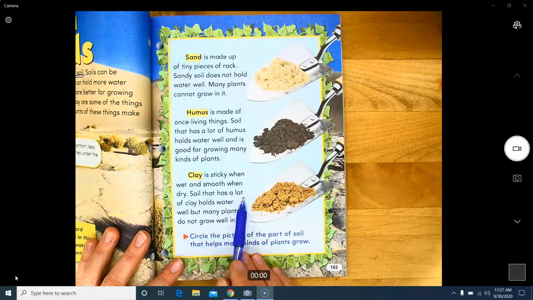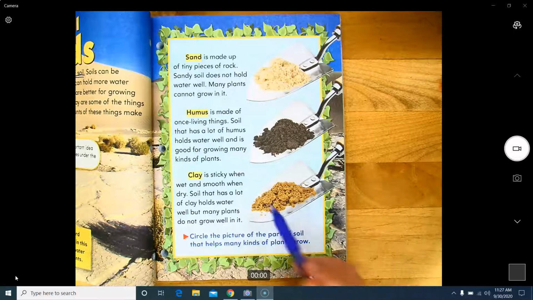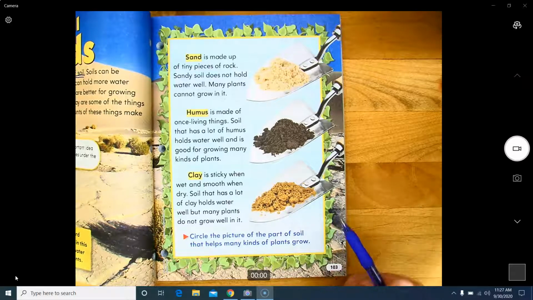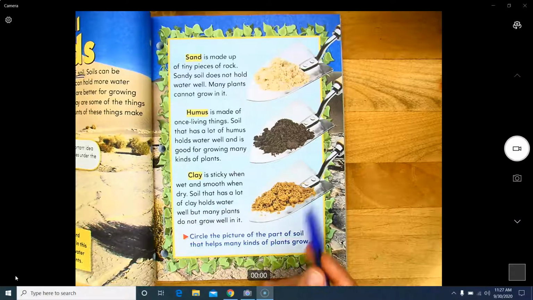Soil that has a lot of clay holds water well, but many plants do not grow well in it. Okay, so clay is not very good to grow stuff in either, even though it does hold water well. But it gets too hard. There's just not enough nutrients in it.